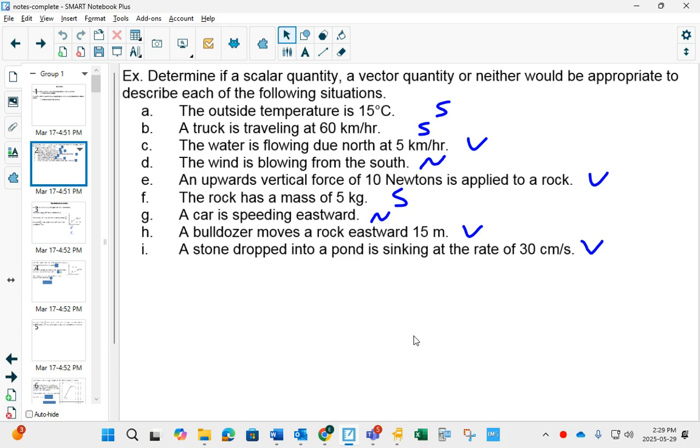Scalar, scalar, vector, neither, vector, scalar, neither, vector, vector. Any questions, complaints, discussions about any of those, or do they make sense? All right.